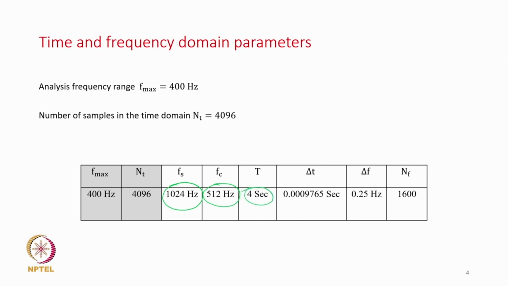The resolution in the time domain, or the time step, is 0.0009765 seconds, and then we have a frequency resolution of 0.25 Hertz, and the number of frequency lines in the frequency domain is 1600. These are the number of discrete lines at which the spectrum would be available. So these are the various parameters of the time and frequency domain.